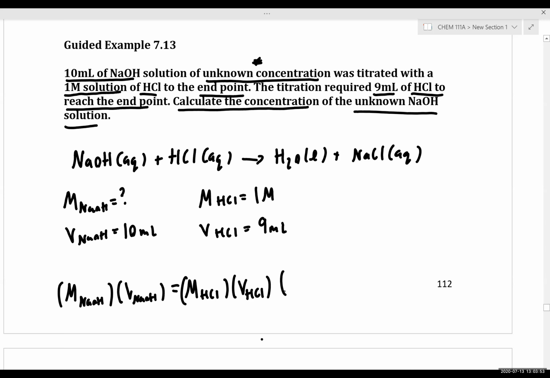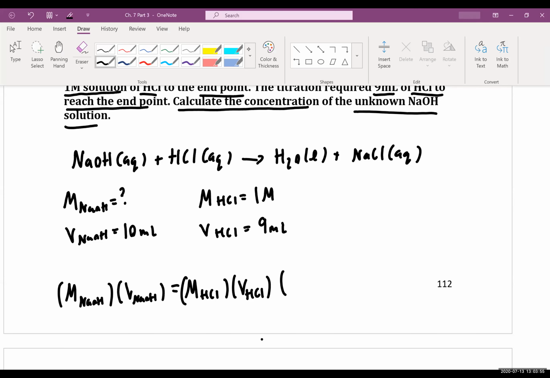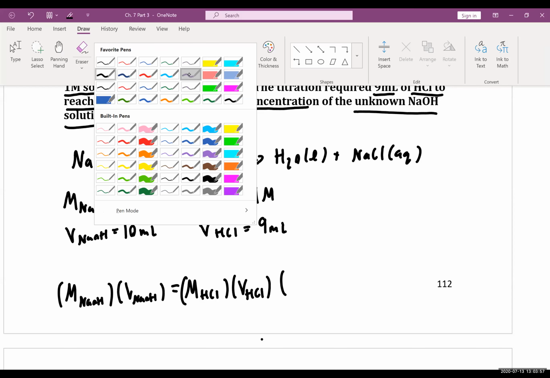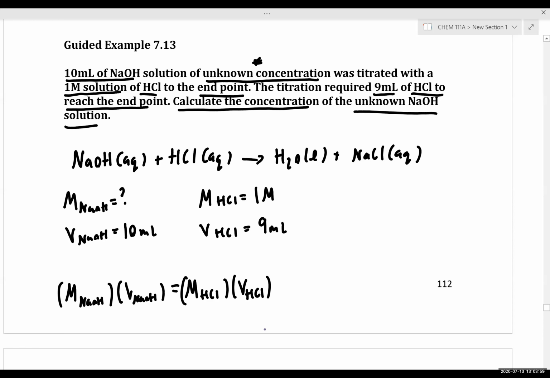And now it's really important that we respect the stoichiometric coefficient. And now my question to all of you is, how many moles of sodium hydroxide are needed to react with how many moles of hydrochloric acid? What is our mole to mole ratio in this chemical equation? 1 to 1. Okay, perfect.